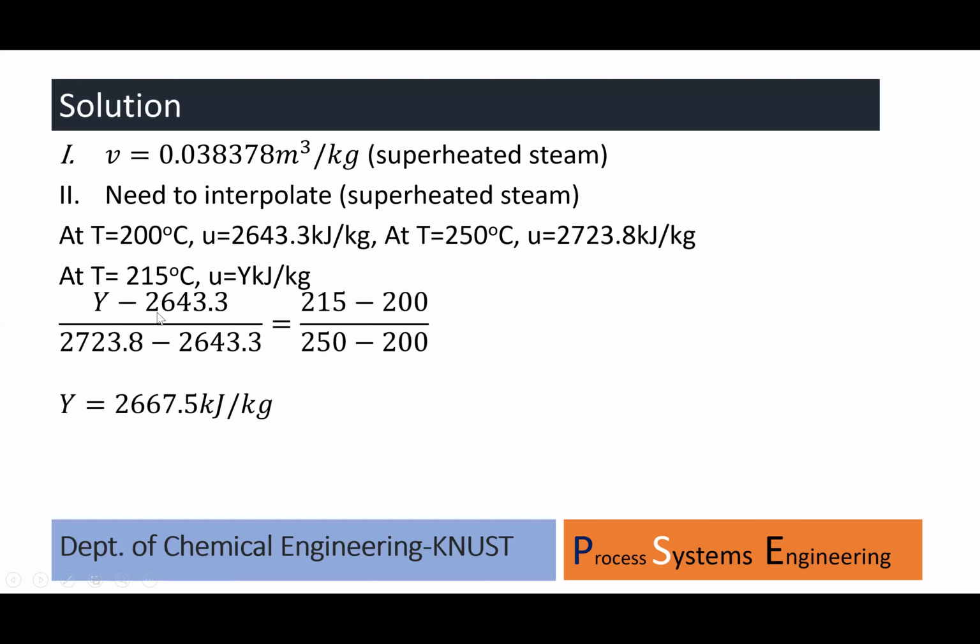So I can look for my unknown, y, minus the value at a particular temperature. So that's going to be y minus this 2643. That was the value they read at 200 from the steam table they were using. Then we can look at the value at 250 as well. So that will come here. And then the value at 200 as well. So that will come here. Is that okay?